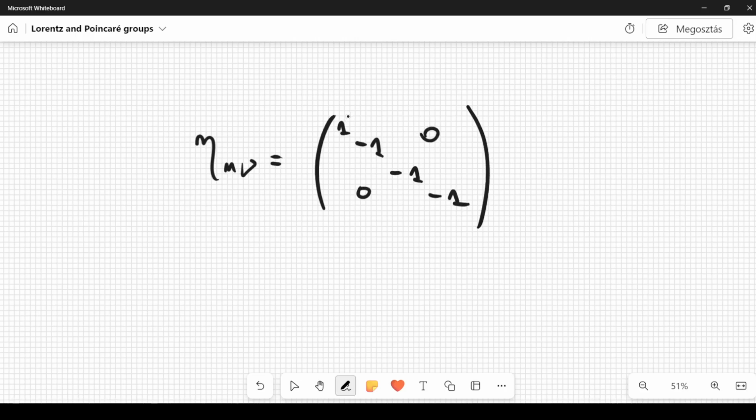Sometimes it might be defined with the opposite sign, so you might have a minus here and plus, plus, plus here. But with this kind of signature, it's written like this, so its signature is plus, minus, minus, minus. The signature gives us the signs of the terms on the diagonal. So they can be either 1 or -1.